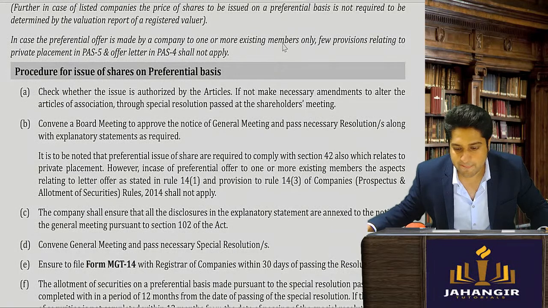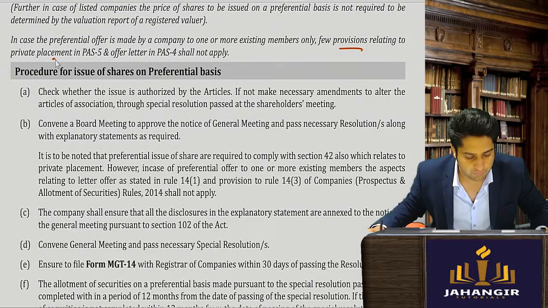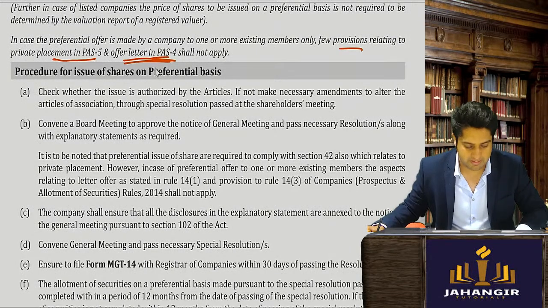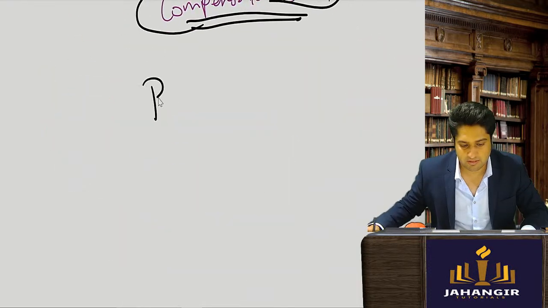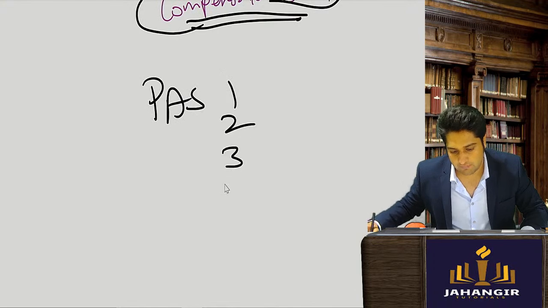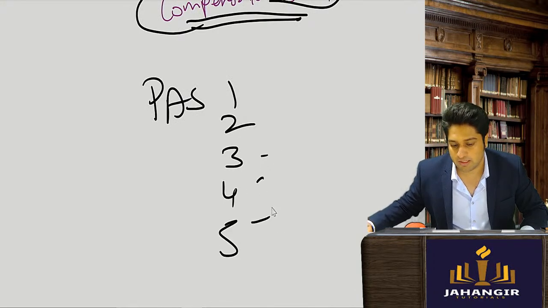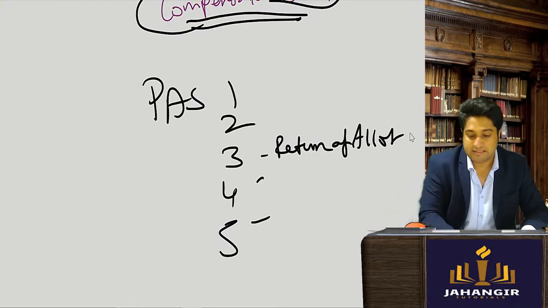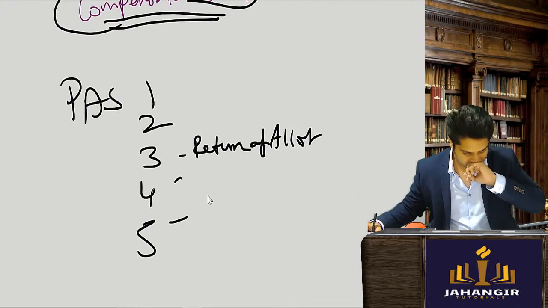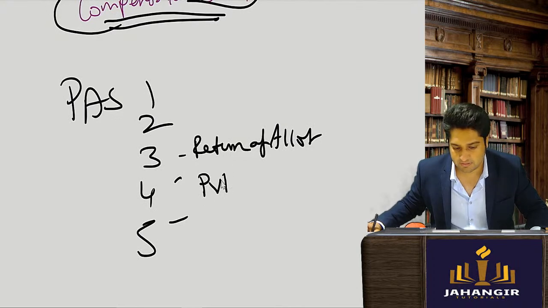Next, the provisions of PAS 4 and PAS 5 will apply. So first we are done with PAS 1, 2, 3, 4, 5. This was what? Return of allotment. This is a private placement.